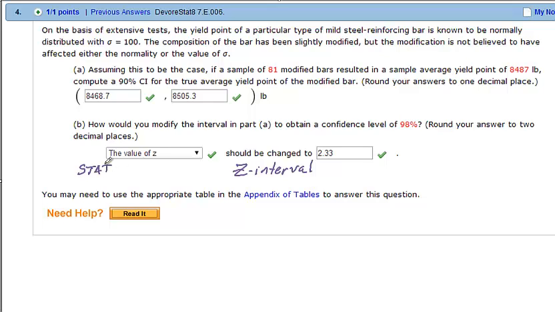Then I will scroll over to tests. Then I will scroll down to z interval. I'll hit enter, and then I'm going to be on the normal distribution confidence interval screen, and it will ask me for several different entries.